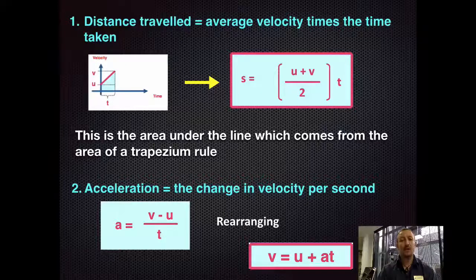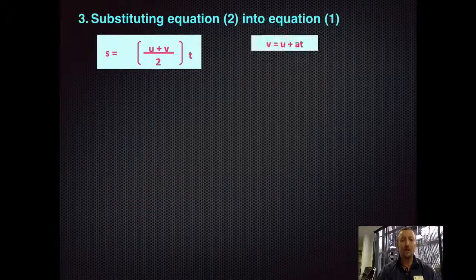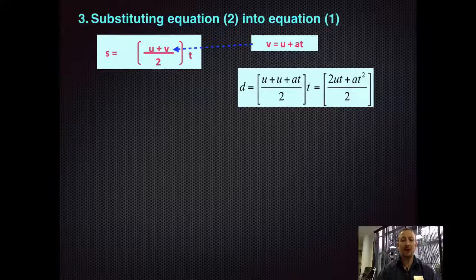Alright, so for equation 3, what we can do is combine these two equations. We can substitute equation 2 into equation 1 by substituting in for v. What we then get is s equals (u plus u plus at) divided by 2, times t.